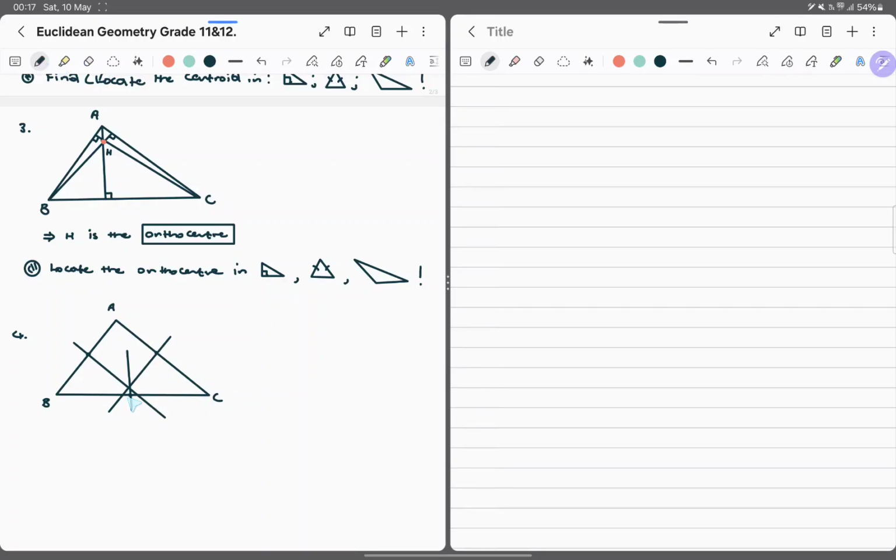So let's see, guys. Of course, this is a bit nasty now. This is a perpendicular bisector of our triangle. And that is also a perpendicular bisector of the side of our triangle.